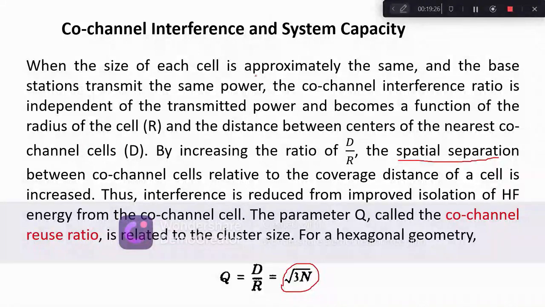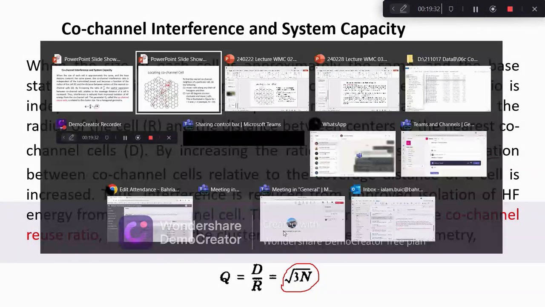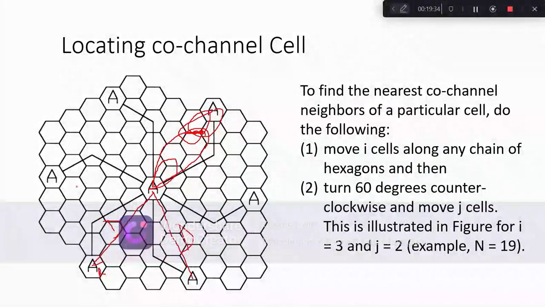When the size of each cell is approximately the same, okay, in the cellular architecture each cell is of the same size and they are homogeneous, similar in look as well as in size, in structure, and in shape.